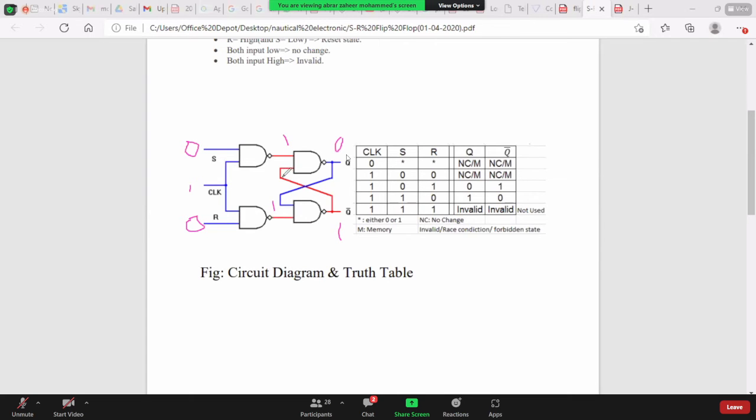So this one will go here, 1 into 1, the output here will be 0. And this 0 will come here, 0 into 1, the output here is 1. So whatever was stored before, that only we are getting at the output. That is known as NC, no change condition. There is no change in the output.